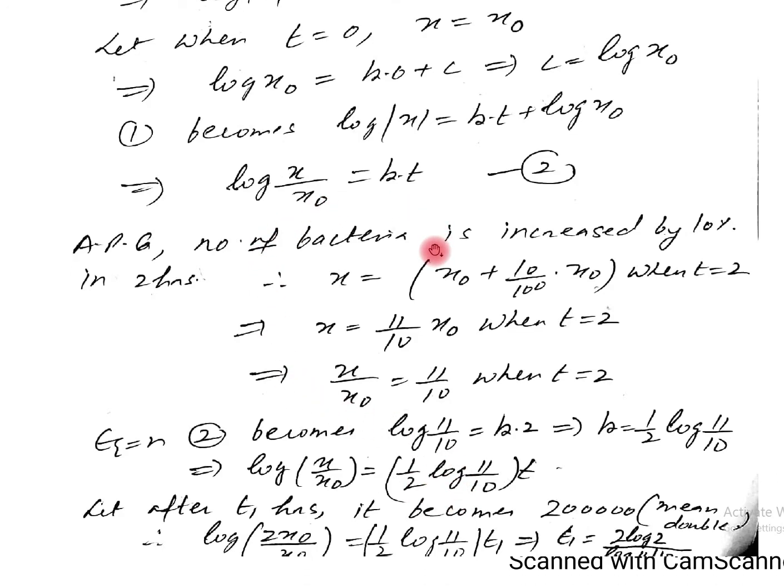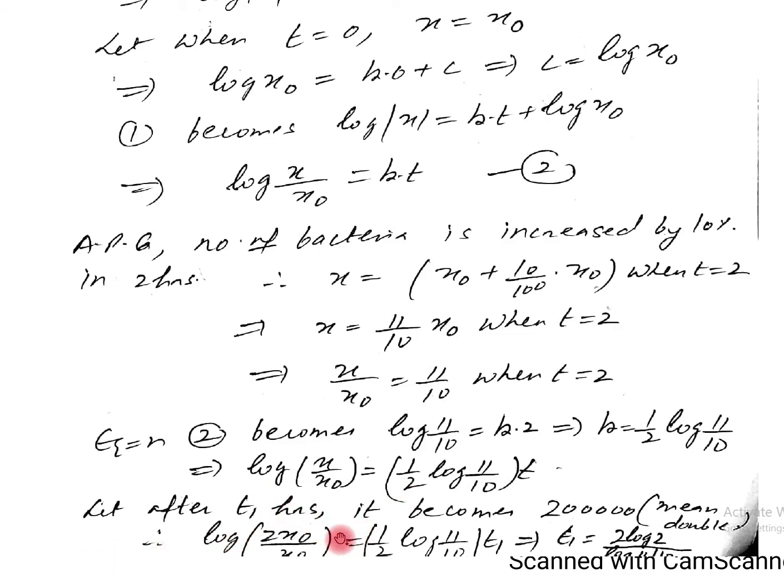Now we can find after how many hours. Let after t1 hours it becomes double, it becomes 2 lakh. Therefore putting this value here, it becomes double, so we can say x is equal to twice x naught. Now putting this value here, log 2x naught upon x naught is equal to 1 by 2 log 11 by 10 t1.